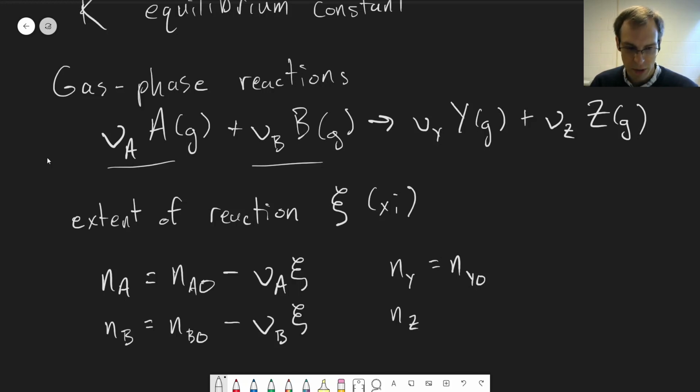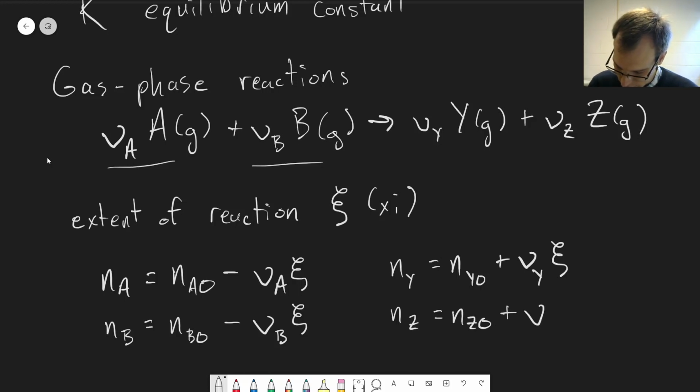That is a possibility, so we'll still include this initial moles of Y. And here we add, because we are producing the products. We assume the reaction goes forward, though of course it could go in reverse, depending. And then our extent of reaction would be negative instead of positive. But we take our stoichiometric coefficient times our extent of reaction.